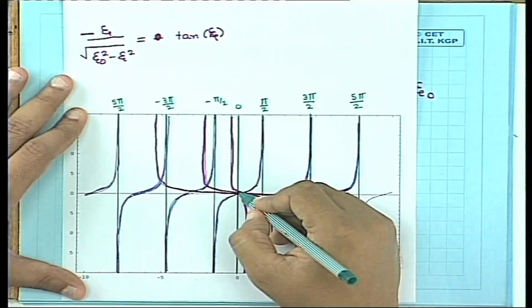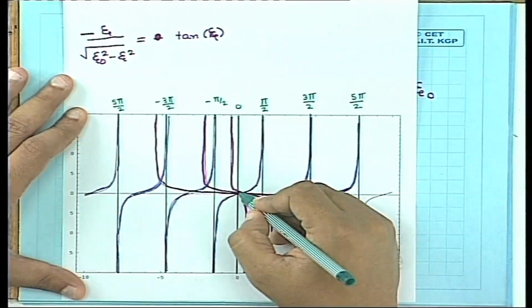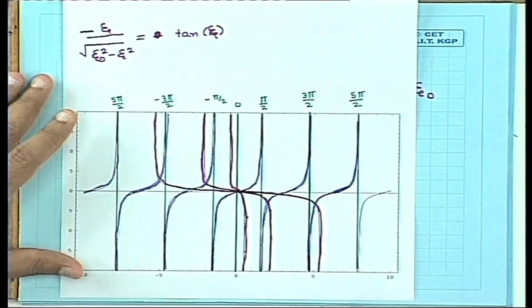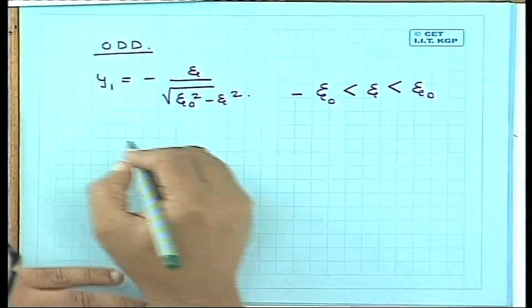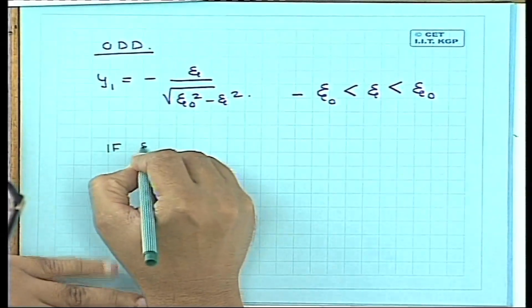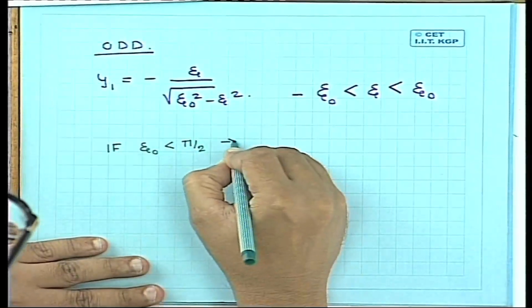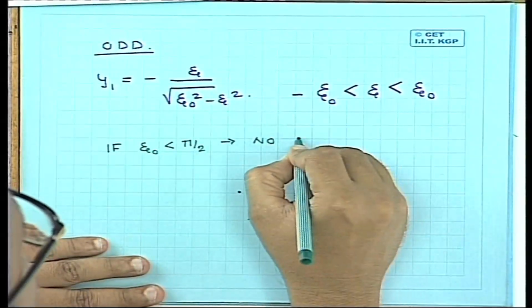So this doesn't correspond to a physical situation. So if xi naught is less than pi by 2, we find that there are no solutions corresponding to odd n.